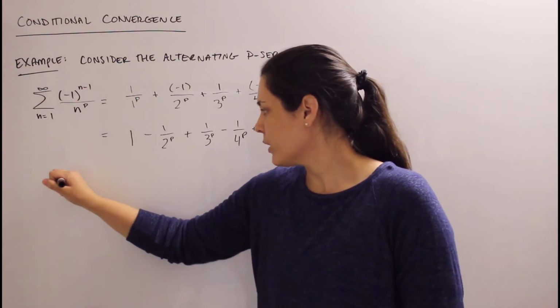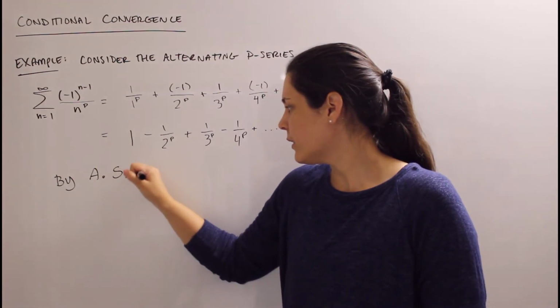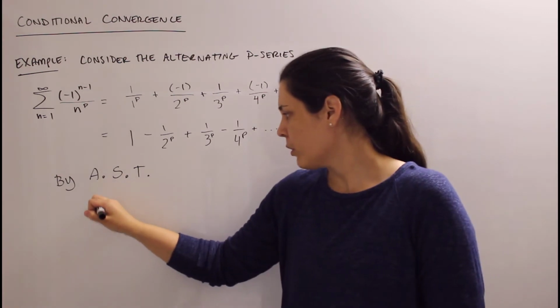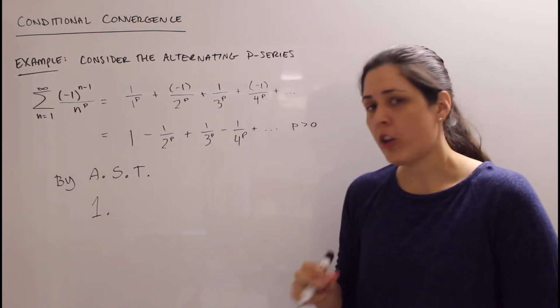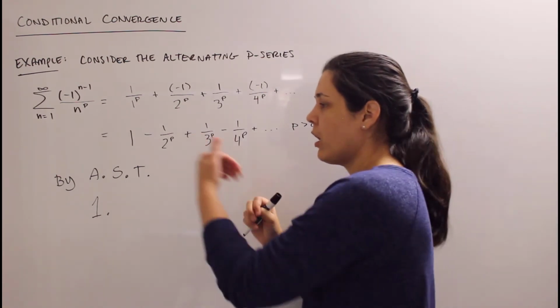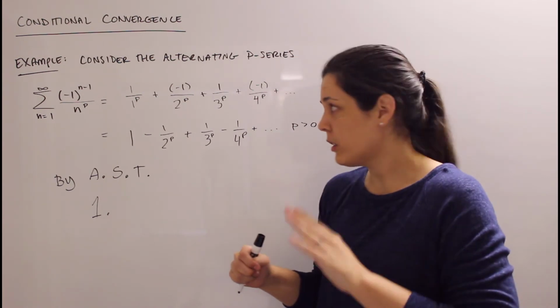By the alternating series test, there were 3 parts. Check part number 1: are the terms positive? The u sub n terms, not including the signs. Remember the distinction.